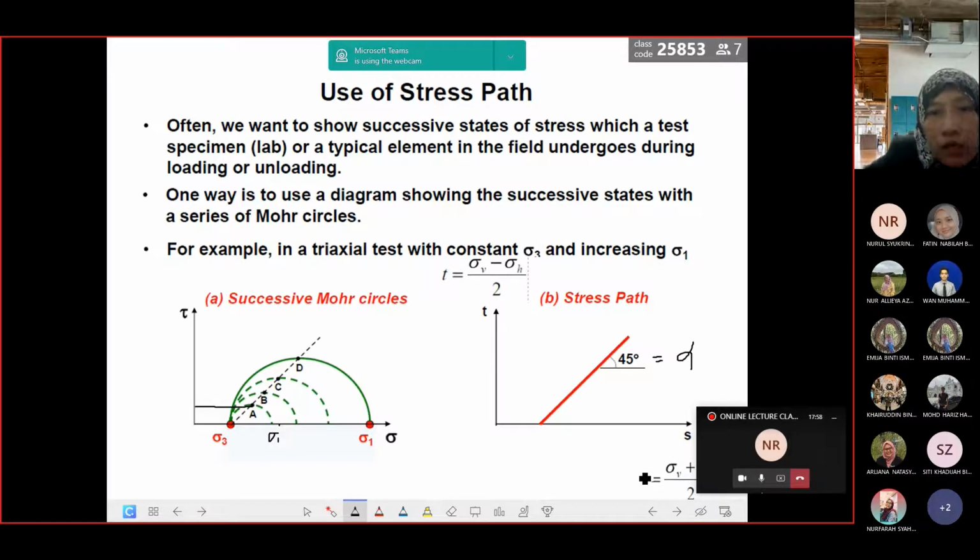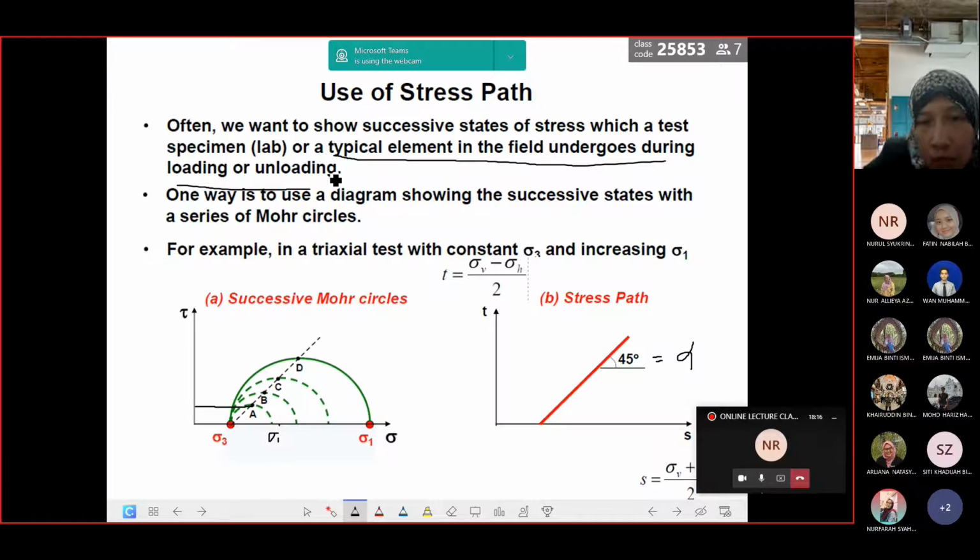Okay, that is the difference. The best thing is that it represents the conditions that a sample has, as the typical element in the field undergoes during loading or unloading. How do we see this loading or unloading?